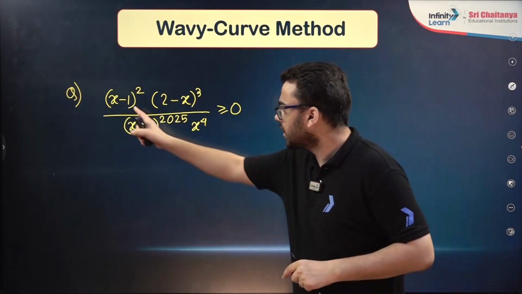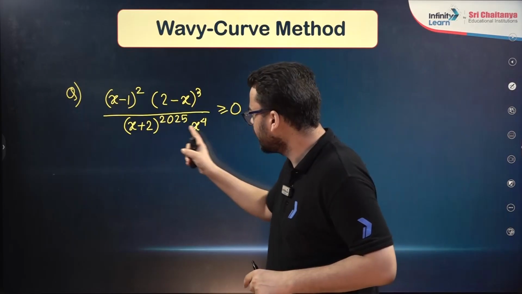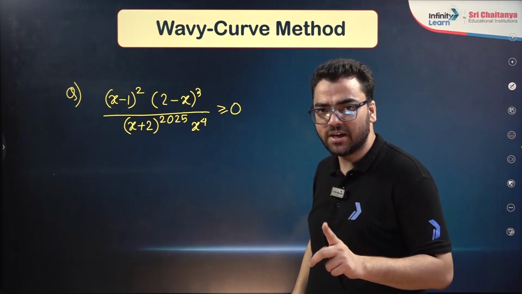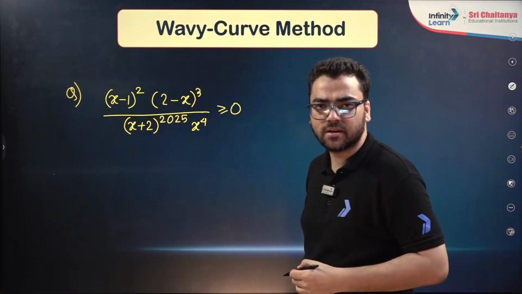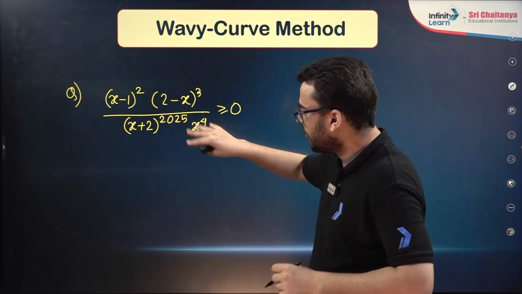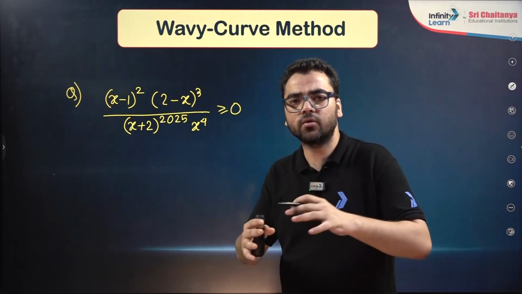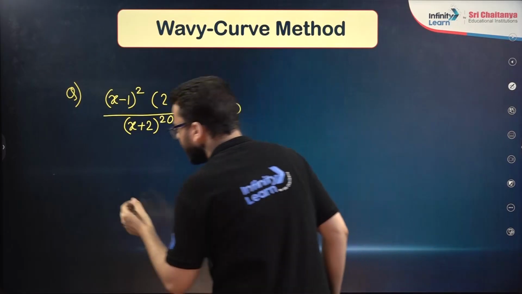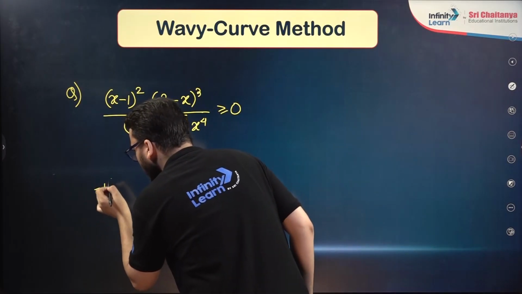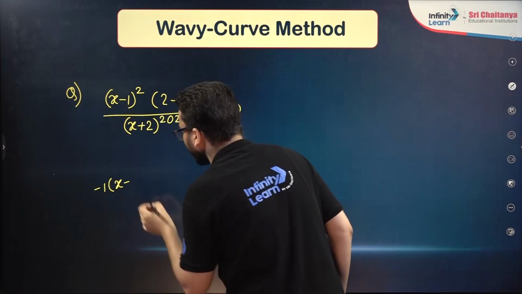You have to make sure that the coefficient of x is positive in all these cases. So, you see in this question, the coefficient of x is not positive in this case. So, what will I do? I'll explain those things, but you don't have to write it every time, I'll explain the logic. From here, if you take minus 1 as common, you'll get x minus 2 over here.